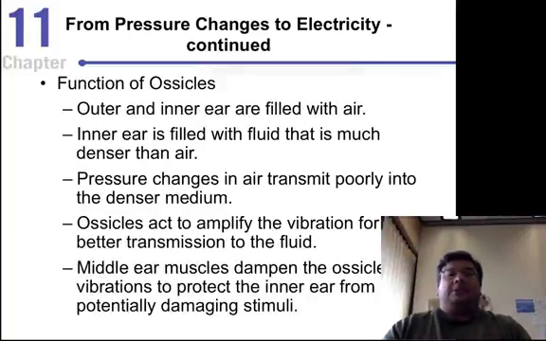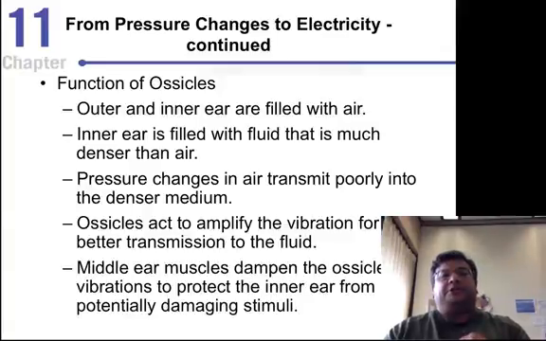The ossicles, the outer ear, and the middle ear are filled with air. Now, the inner ear is filled with fluid that is much more dense than air. And what this means is that the pressure changes in the air don't transmit very well in the fluid of the ear.